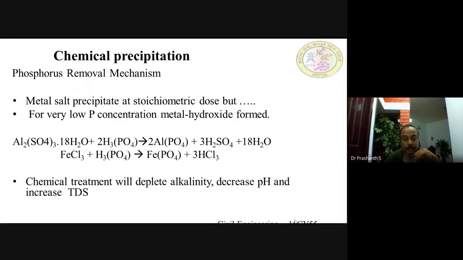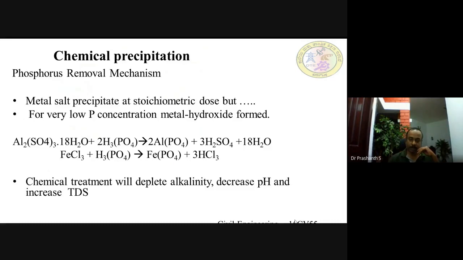Understand, there will be a depletion of the alkalinity, pH is decreased, and the total dissolved solids is increased. So these are some of the problems we are going to encounter when we use chemical precipitation: a large amount of sludge, the alkalinity is depleted, the pH is decreased, and there is an increase in the TDS.